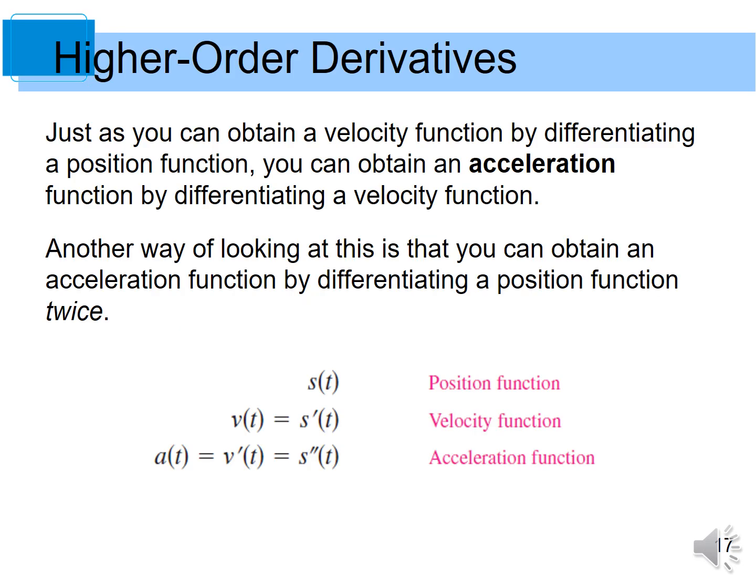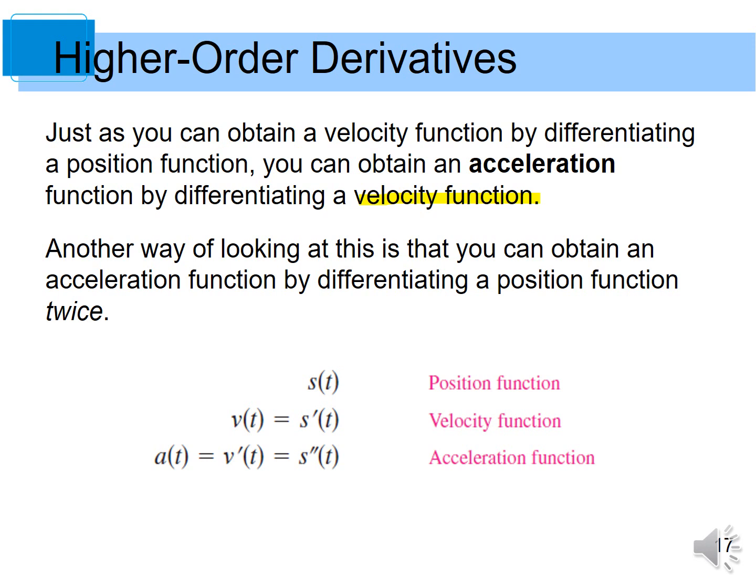Just as you can obtain a velocity function by differentiating a position function, you can obtain an acceleration function by differentiating a velocity function. To get the acceleration function, you need to differentiate a velocity function.